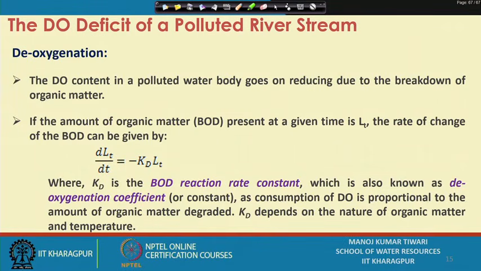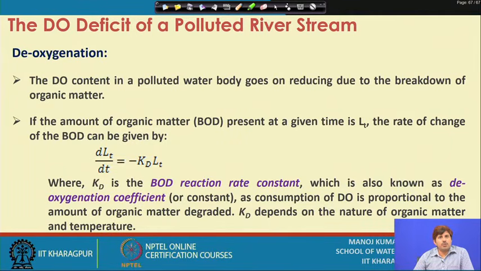Okay. So, as we said, there is deoxygenation and re-oxygenation, the two processes which in combination give us the dissolved oxygen profile. The DO content of a polluted water body goes on reducing with the breakdown of organic matter, which is the deoxygenation process, and that can be seen by this expression typically.